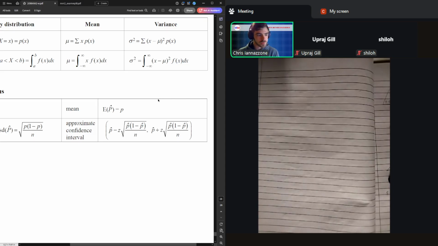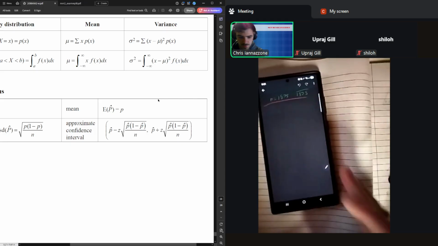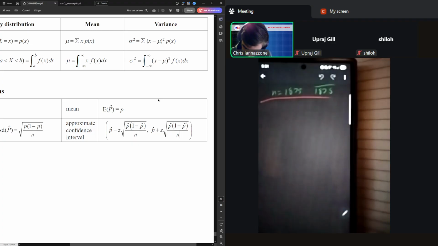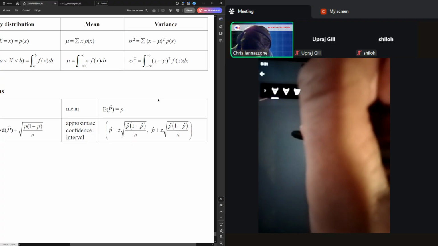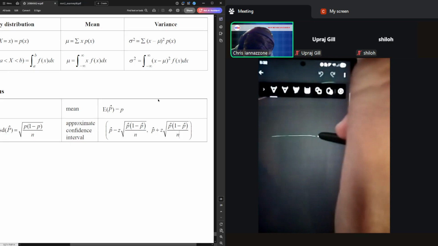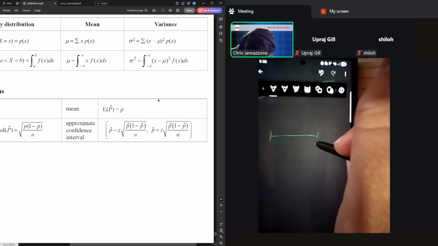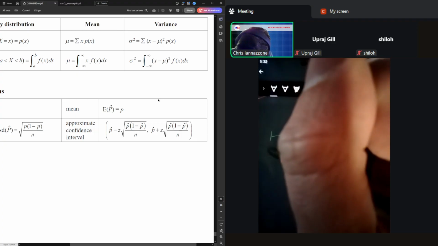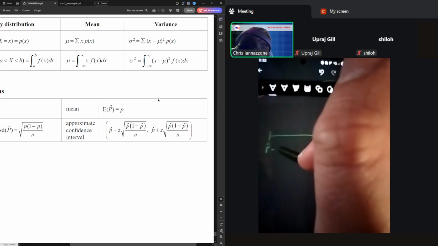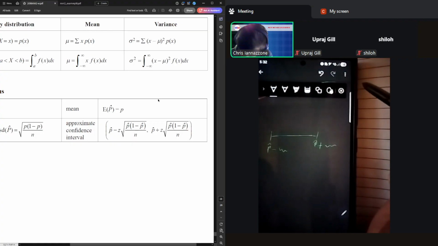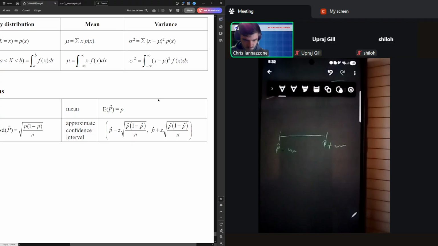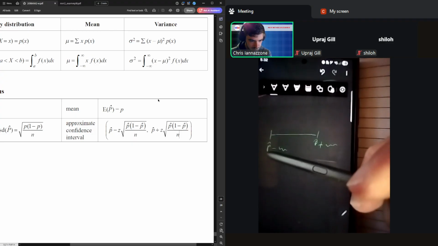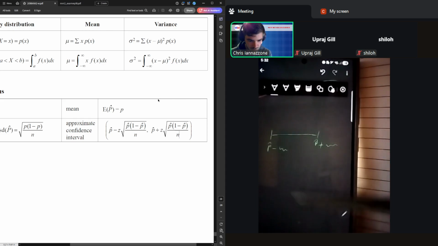As you think, I'll also draw a little bit of a demo. The upper is p hat plus something, the lower is p hat minus something.